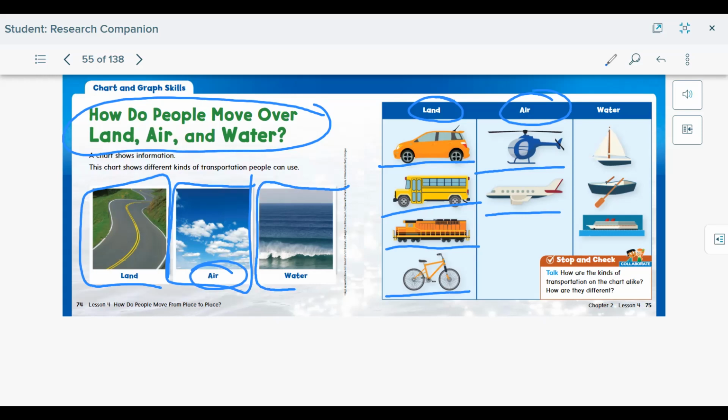Okay, our last place would be water. What transportation can we use in the water? I see sailboats, I see rowboats, ships. So we can use different transportations depending on where we are.